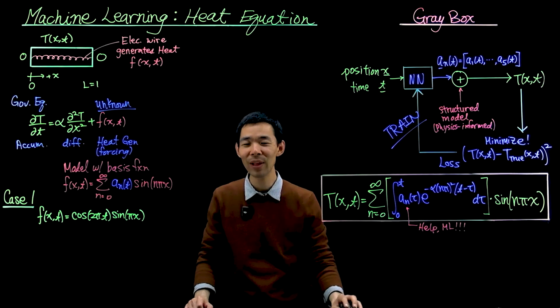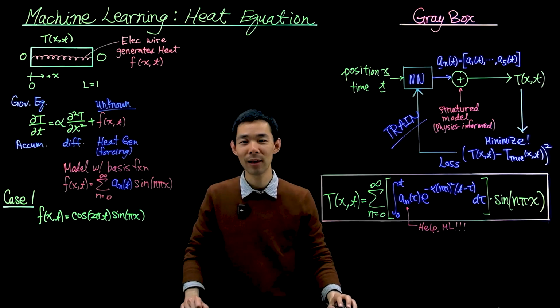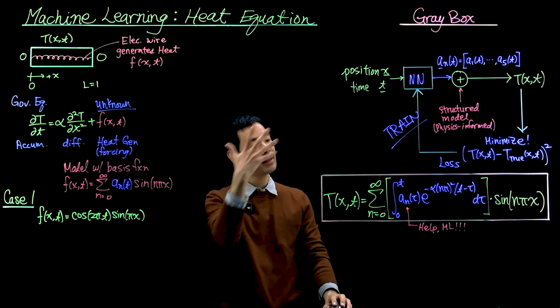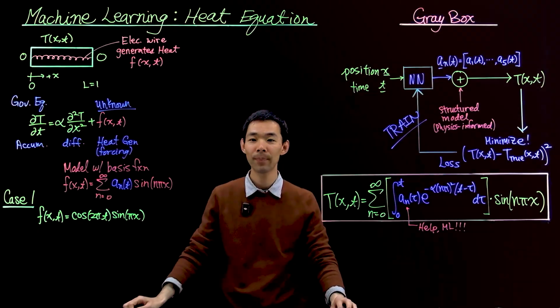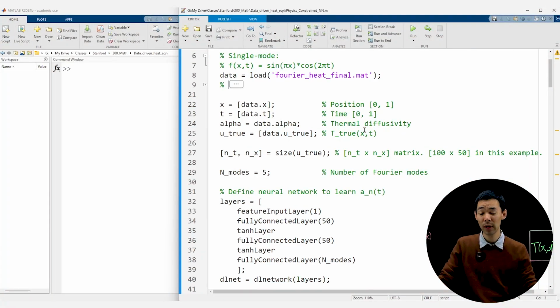I want to first explain this model to you in code and show you how I implement all this structured physics-informed model into code. So here is the physics-constrained or gray box model code, where first I'm loading this case 1 of single mode, which is cosine of 2 pi t times sine pi x. This data matrix contains the position, time, and all the temperature measurements, right?